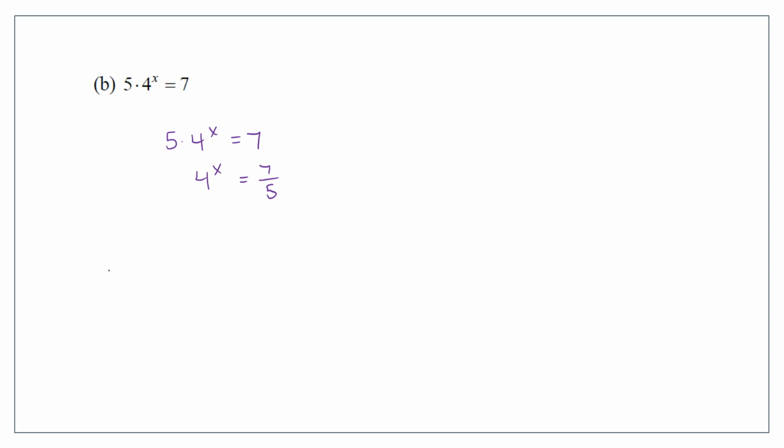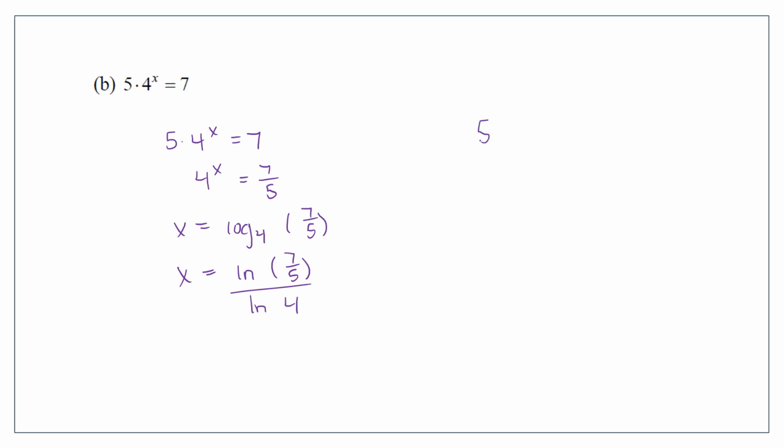So I'm going to first rewrite this as a log statement. So I'll have x equals the log base 4 of 7 over 5. So then x equals the natural log of 7 over 5 divided by the natural log of 4.